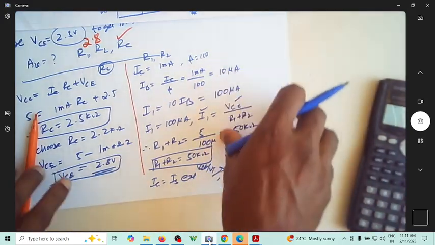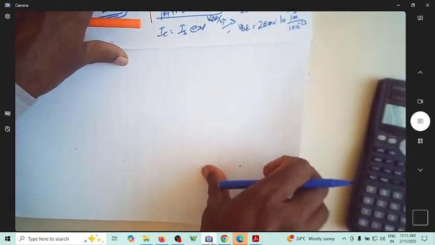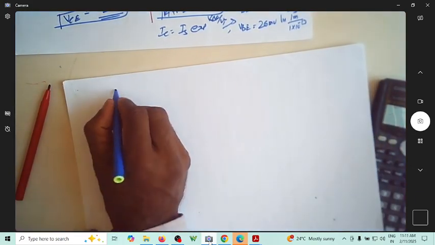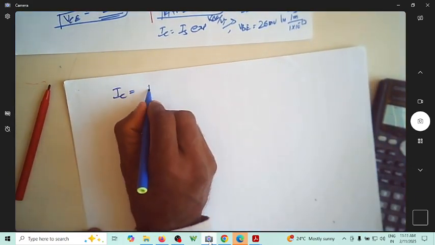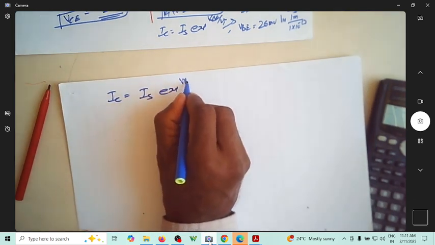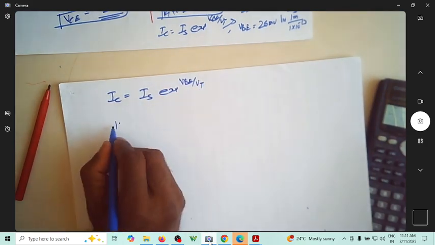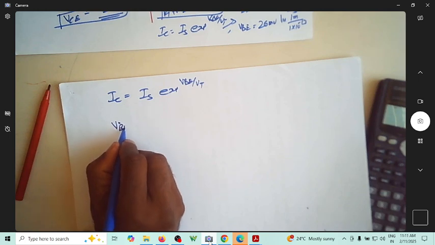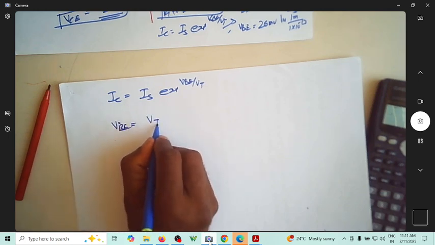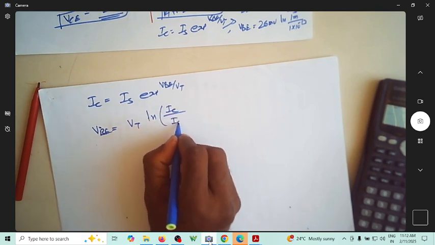Just carefully see this. We are done with R1 plus R2. Let me again redo it. We have another expression. IC is equal to IS exponential VBE by VT, which can be rewritten as VBE is equal to VT into ln of IC by IS.